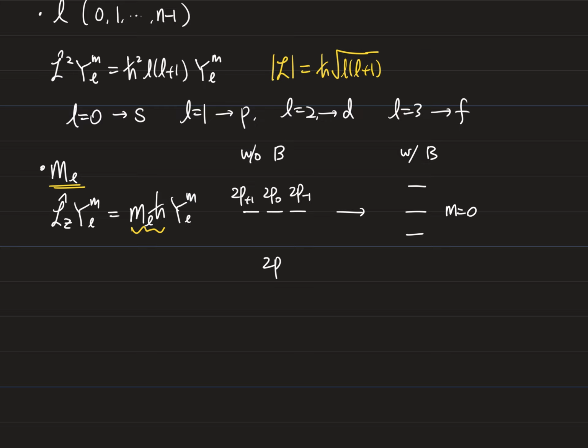So M equal to 0 does not really respond to the external magnetic field, so they remained on the same energy level. But M equal minus 1 and M equal plus 1 respond to the external magnetic field. And we see the energy decrease and energy increase depending on the magnetic quantum number.